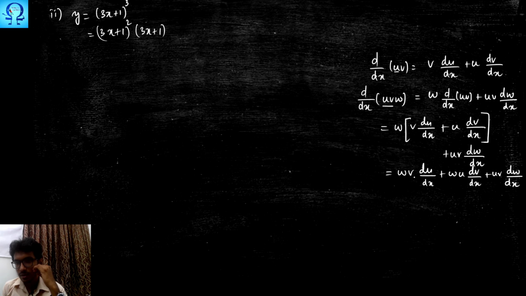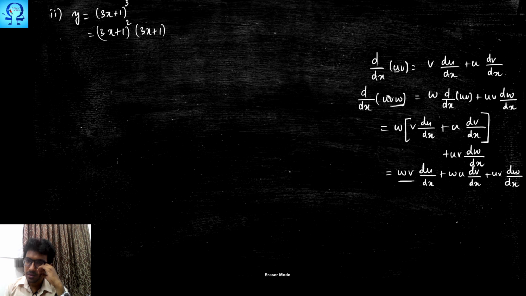You may very well see that even here we kept the last two functions as it is and differentiated the first one. Then first and last as it is and differentiated the second. And finally we kept the first two functions as it is and differentiated the last one. So that is what we are getting. Using this also you may do. It is up to you.